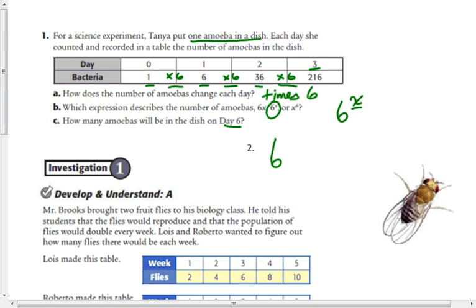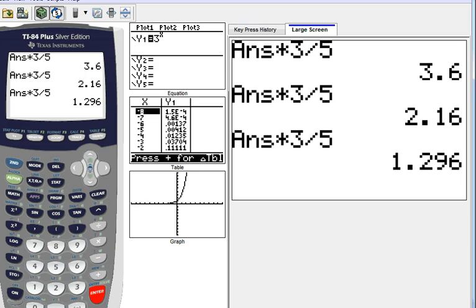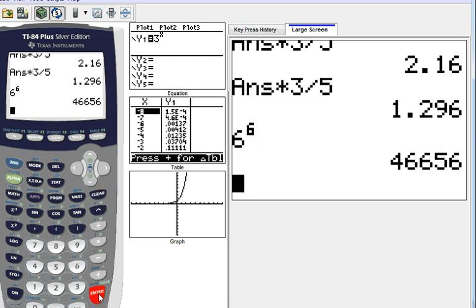So 6 to the 6 equals, and we're going to need a calculator for that one. 6 to the 6th power is 46,656.